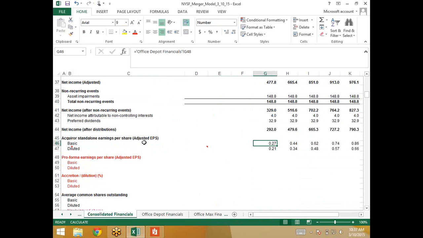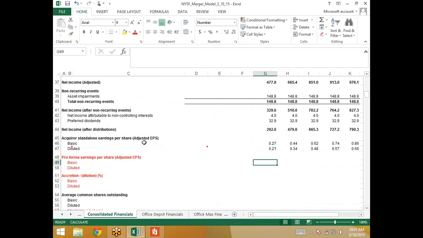I'm going to pull that in as the basis to use for comparison for earnings per share. And so now I want to calculate my own earnings per share.